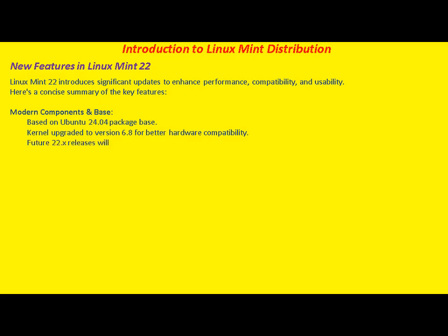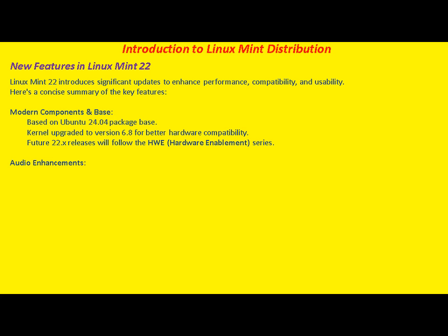Next, future 22.x releases will follow the HWE, that is the hardware enablement series. So if tomorrow version 22.1 comes, or 22.2 comes, all those versions will follow the HWE standards.